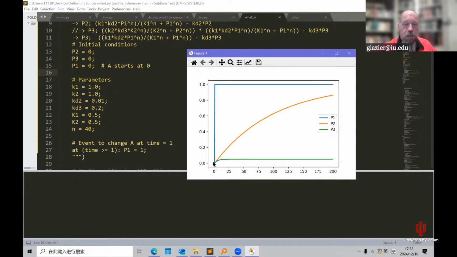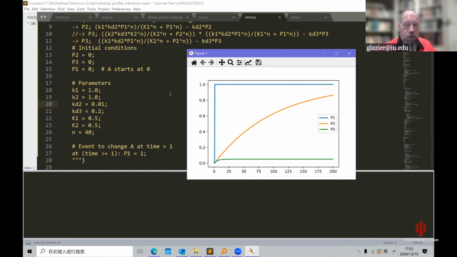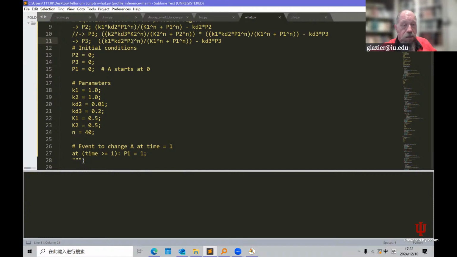So P3 is still not turning on, which means that our issue here is in line 11, where we have KD2. That has to be KD3 because it has to match the decay. That's what the problem is.